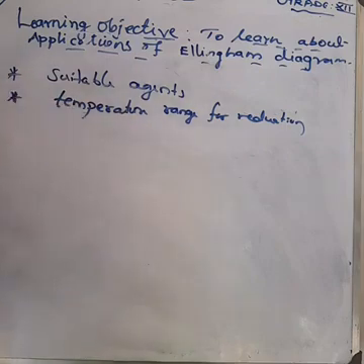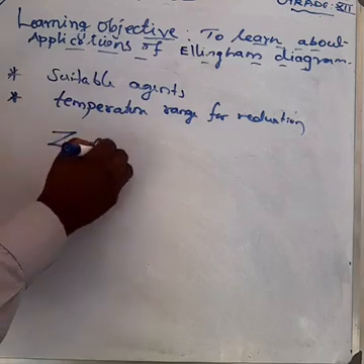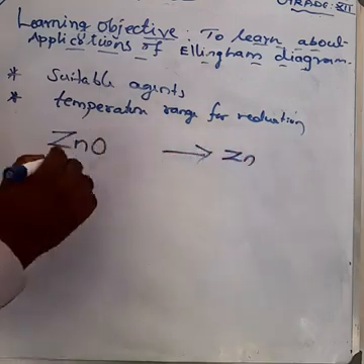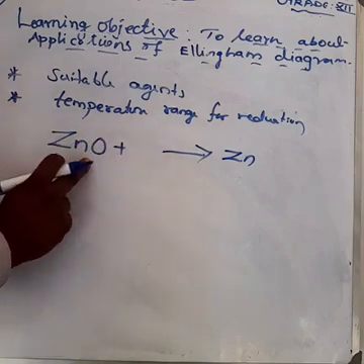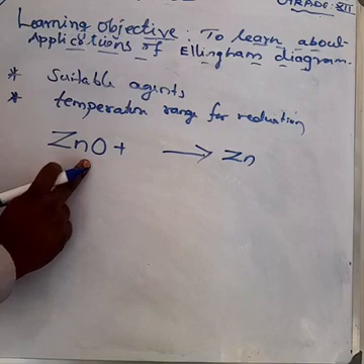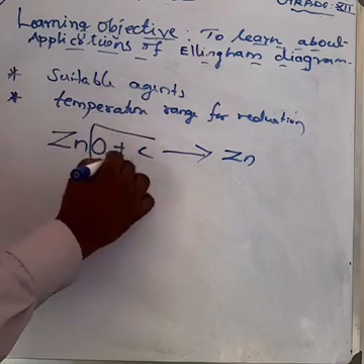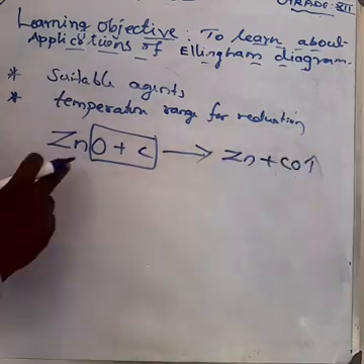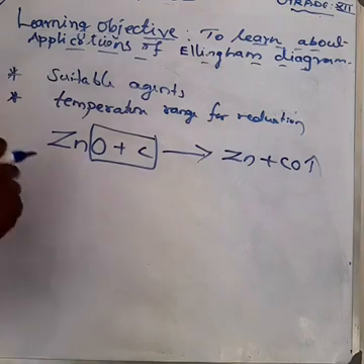For example, I am taking zinc oxide converted into zinc metal, where we are using carbon. What is the formula for zinc oxide? ZnO. ZnO reacts with carbon, and we get zinc metal and carbon monoxide. Here zinc oxide is unstable compared to carbon monoxide, so reduction is possible and we get zinc metal. Am I right?